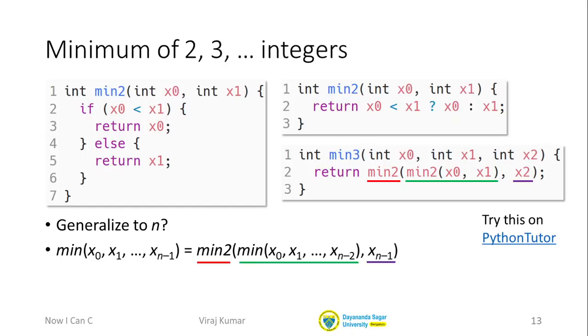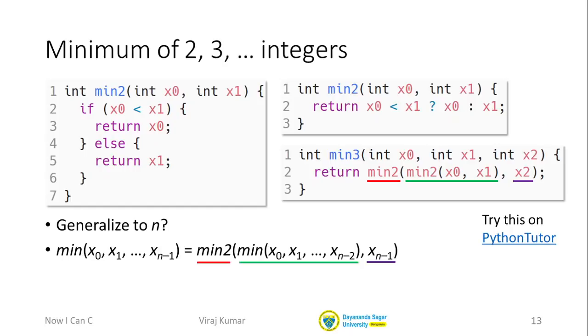Now notice something important here. We are basically trying to write an inductive definition. I'm trying to define the minimum of n integers in terms of the minimum of n minus 1 integers. Now, mathematically, this isn't perfect because a function like min has to have a fixed number of arguments.